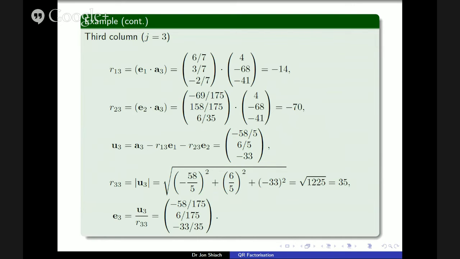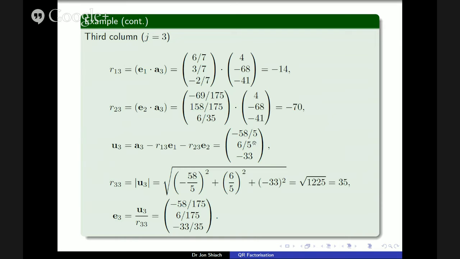U3 has to be a vector that's orthogonal both to E1 and to E2. So take A3, subtract the bit which is non-orthogonal to E1, and also subtract the bit which is non-orthogonal to E2. If you do that, you get this vector here, which is U3.